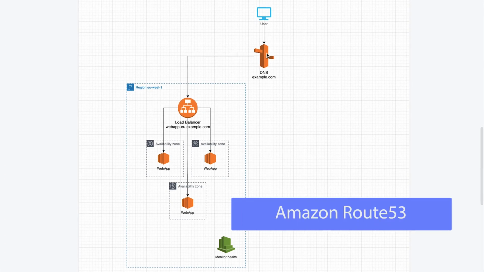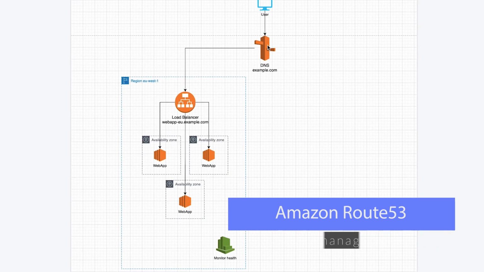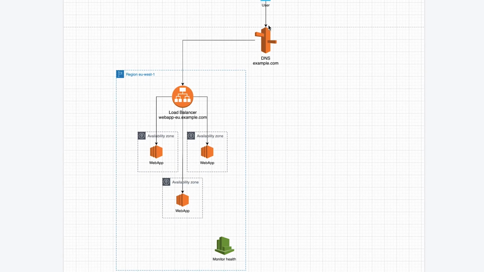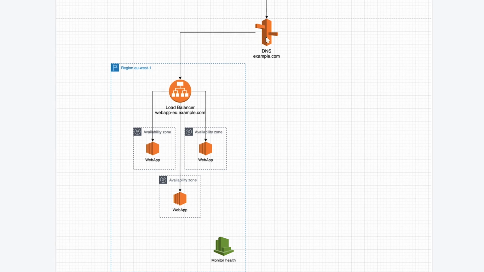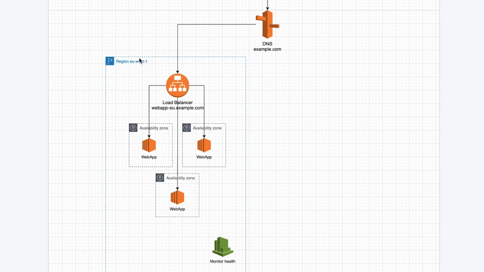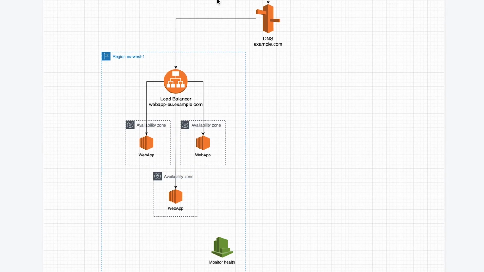This could be any DNS management service. And the request, let's say there's a GET request incoming up here to something example.com, is then routed to a region. And here, as I mentioned before, we're going to use as an example the EU West 1 region. So the request, without the user knowing this, of course, lands in this EU West 1 region.